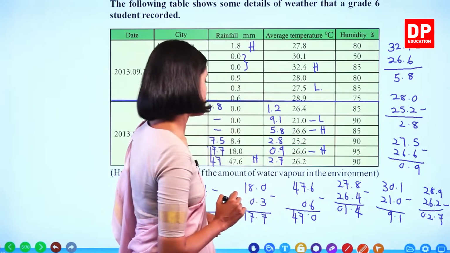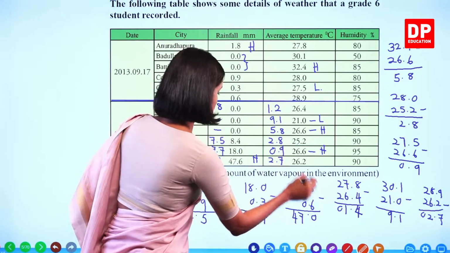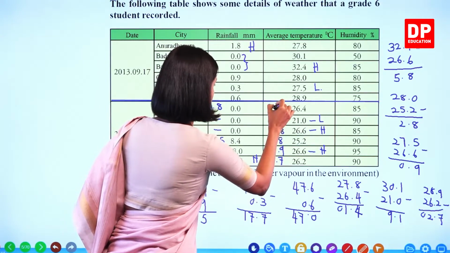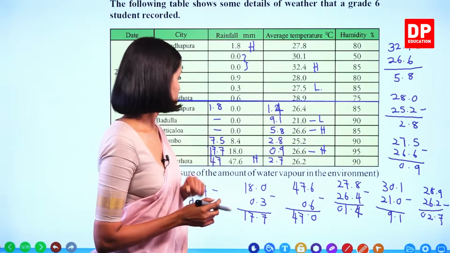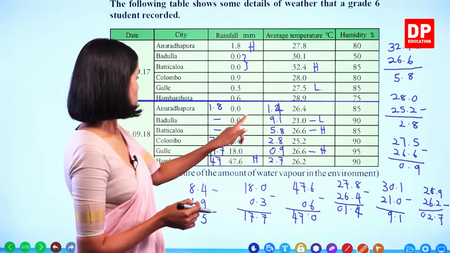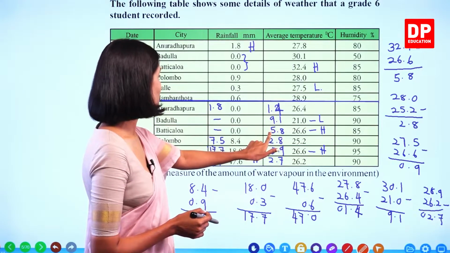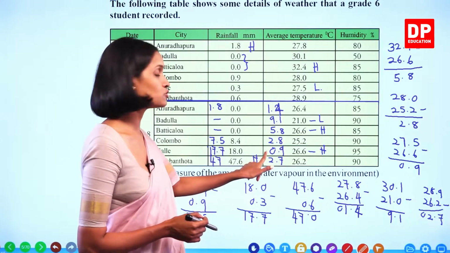Right. It should be here 1.4. Okay. So in this case, the differences are 1.4, 9.1, 5.8, 2.8, 0.9, 2.7.